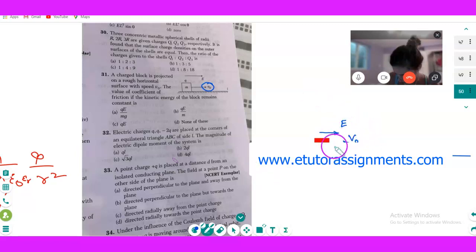Please listen. Some initial velocity v0 is given. Which direction is the electric field in this diagram? Same direction. It means if a positive charge is given, one more force will act here. So what is the value of the coefficient of friction?